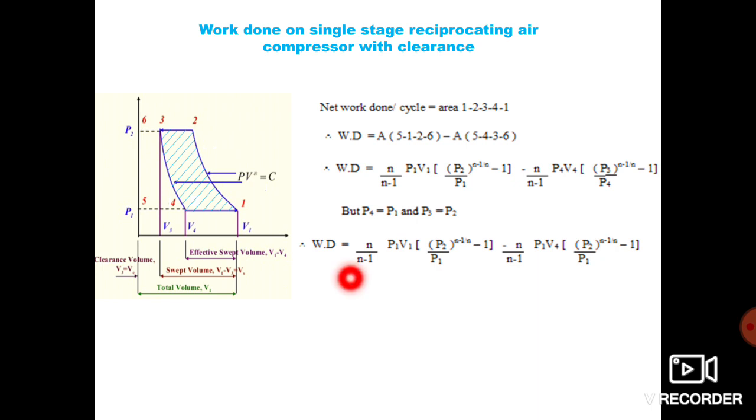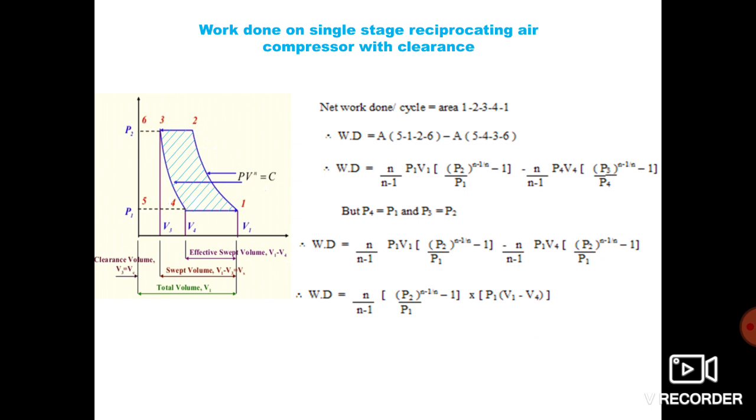Now out of this term we are having n upon n minus 1 and P2 by P1 to the power n minus 1 upon n minus 1 as common factor. So taking out the common factors, we get work done is equal to n upon n minus 1 P2 by P1 to the power n minus 1 upon n minus 1 into P1 bracket V1 minus V4.